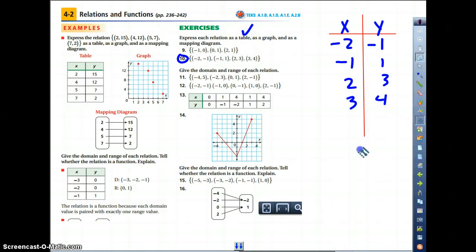You guys are going to get out graph paper and you're not going to do what I'm about to do. I'm going to estimate. -2, -1. -1, 1. 2, 3, and 3, 4. And I'm guessing it falls on a straight line.